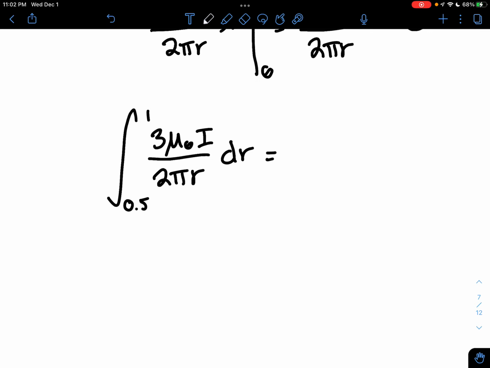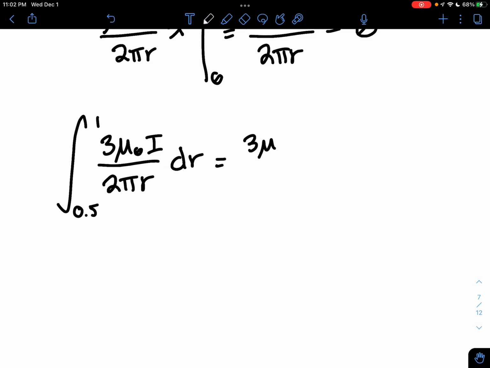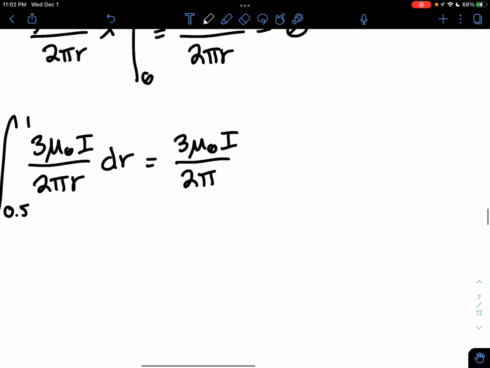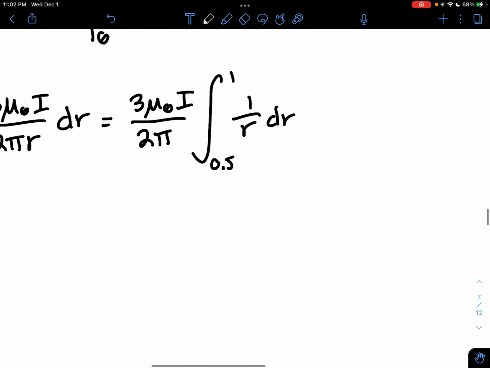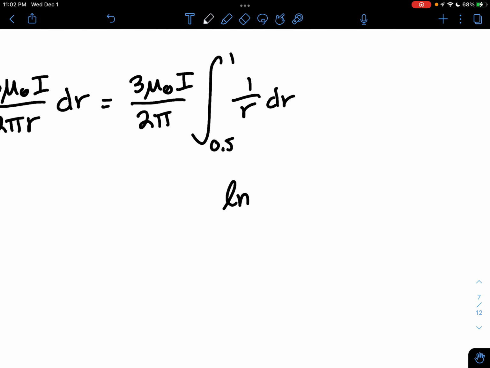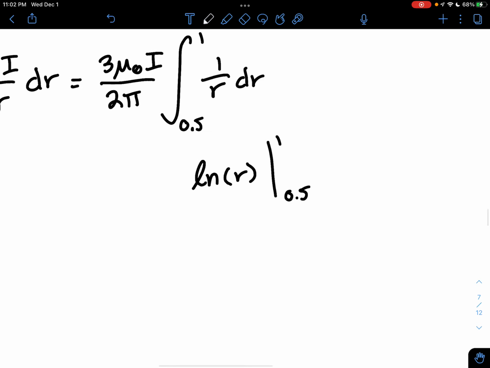All right, so that's all that's going to be is 3 mu naught I over 2 pi integral from 0.5 to 1 of 1 over r dr. That's a much easier integral to solve because that's just going to be ln of r evaluated from, again, 0.5 to 1. Cool.